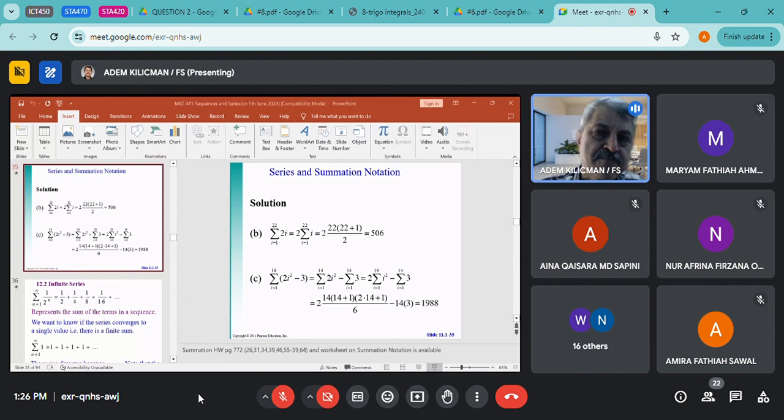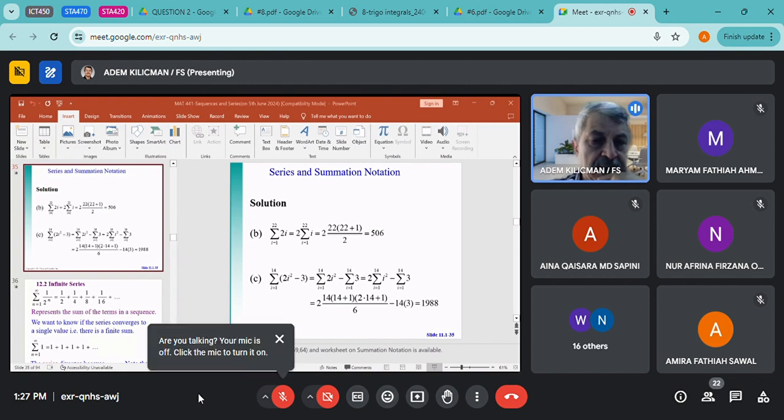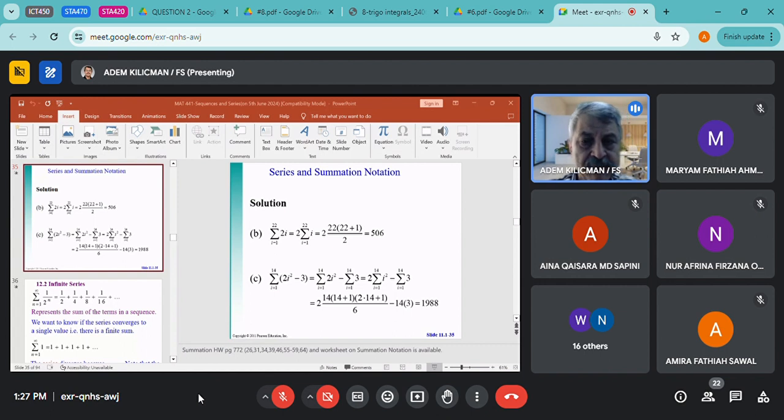Then S2 is 2 over 3, then S3 is 3 over 4. Together, when you look at 1 over 2, 2 over 3, 3 over 4, we will have n over n plus 1. This is the partial sum, n over n plus 1. So the partial sum is convergent. If the sequence of the partial sums converges, the series converges.